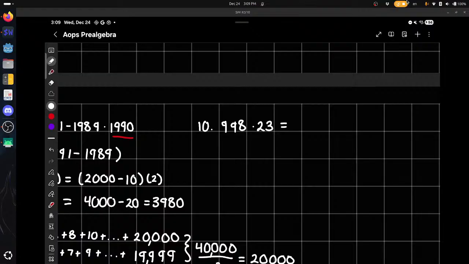So 22,900 and if we just use that technique again with the -1, it'll be 22,999 minus 45.